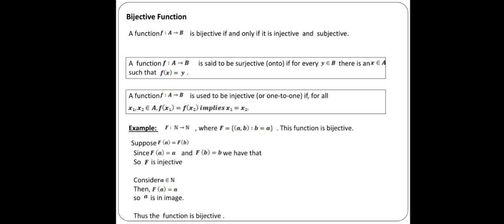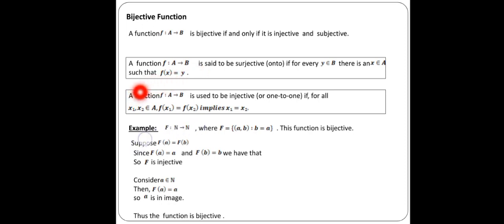As a recap, di ba, the definition of surjective is: a function f from set A to set B is said to be surjective or onto if for every element y in B there is an element x in A such that f of x is equal to y. So that's the definition of surjective as in our previous discussion.